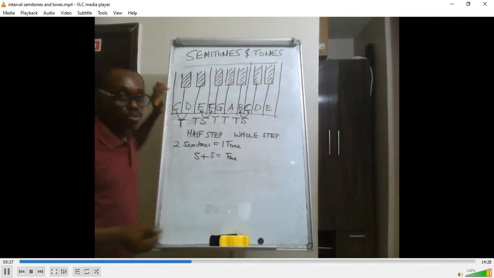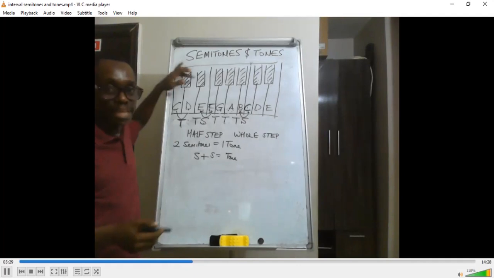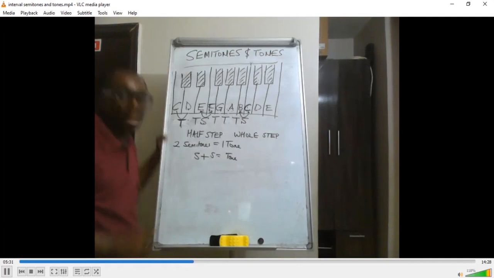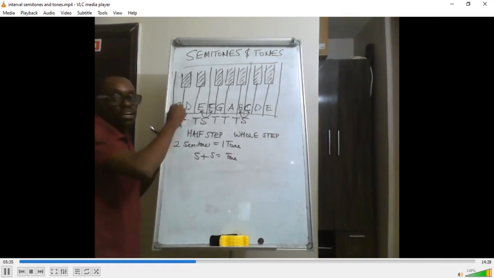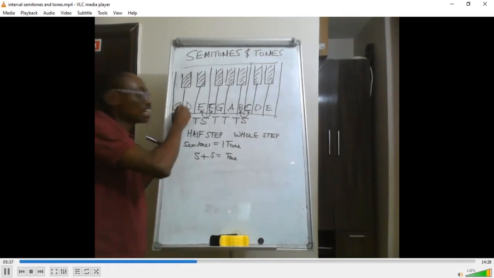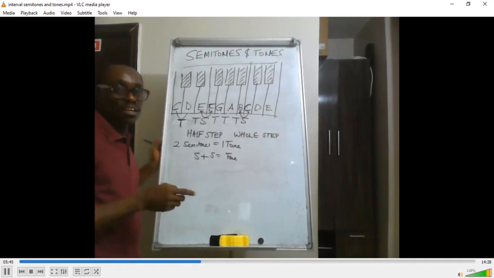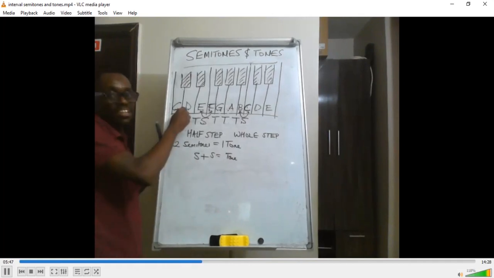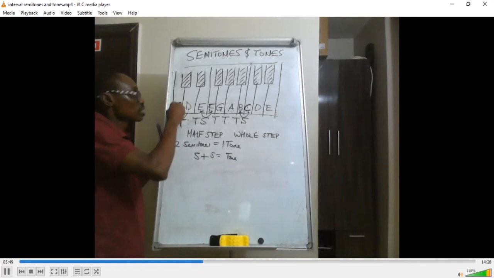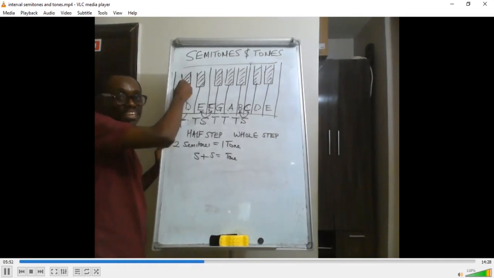Although we've not yet named the black keys, where we said that between C and D the distance is a tone, why? A black key exists in between them. That means that before you get to the white key D, you could land on this black key, which is closer.